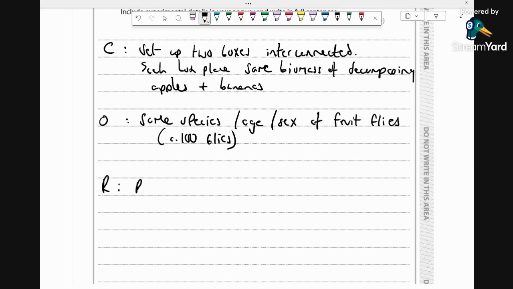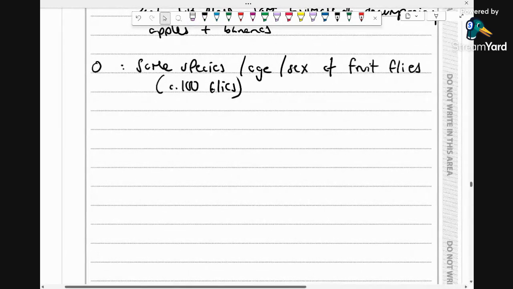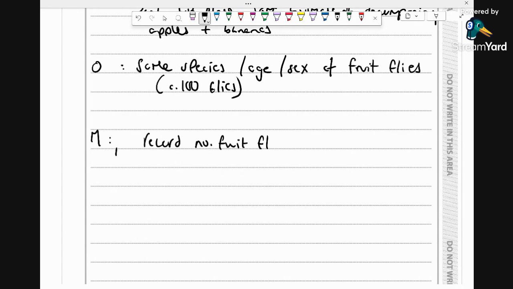R, I would repeat, although I'm going to put that at the end actually. So M, so what am I going to measure? So measure 1, I'm going to record the number of fruit flies on both the apple and banana.